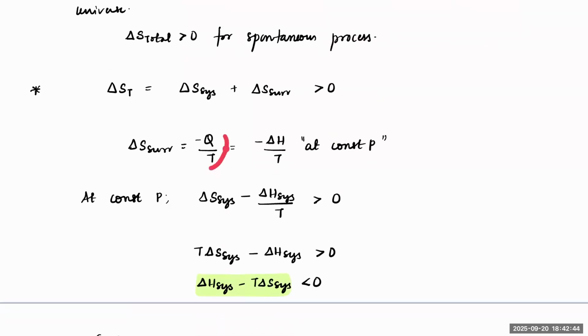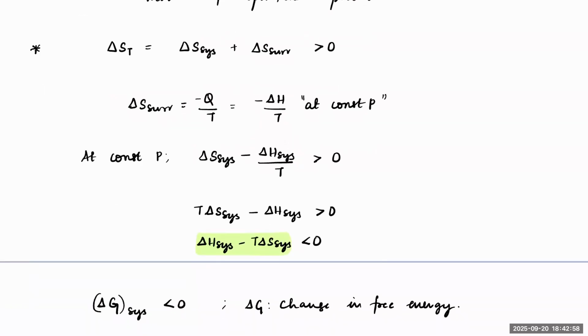Surrounding, as I told you, can be written as minus Q by T. And if you're operating at constant pressure, Q will be equal to delta H. So I can replace this Q with delta H, so minus delta H by T. And at constant pressure, I can write delta S of the system minus delta H of the system by T, and this should be greater than 0.